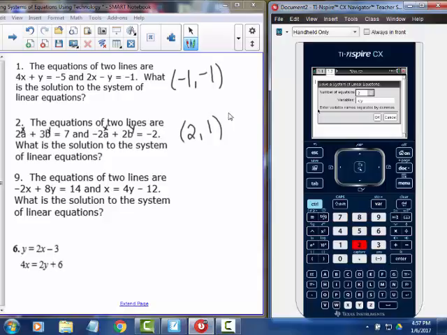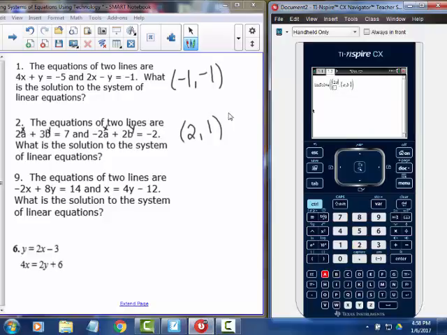Well, I have 2 equations here. What are my variables? Well, I can use x and y, or like for this one, I could change that to a comma b. Right? And say okay. And then I just simply type the equations as they were written.